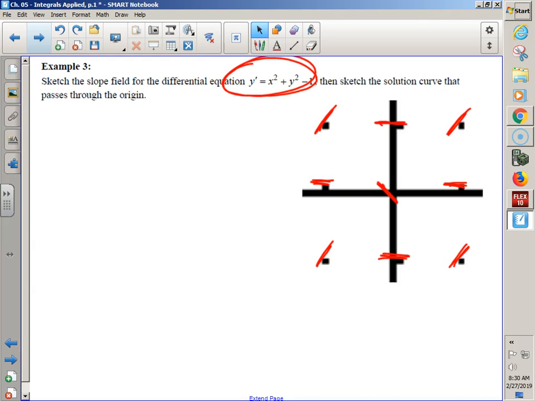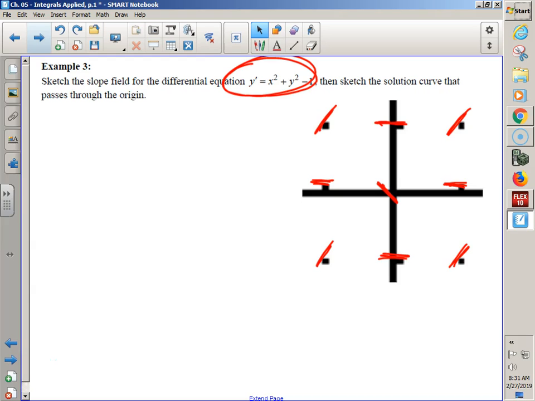So how would you follow the flow? How easy is following the flow on this one?